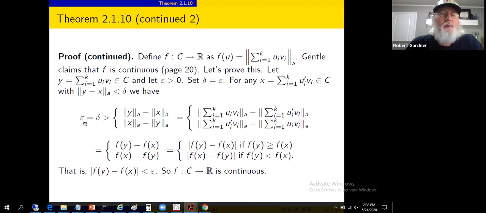All right, well, we got epsilon equals delta. You know, delta is greater than the A norm of the difference, which in turn is greater than or equal to the difference of the A norms. Same trick we had on the previous page. One of these is positive and one is negative. So I can't tell you which is which, unless you'll tell me more about x and y.